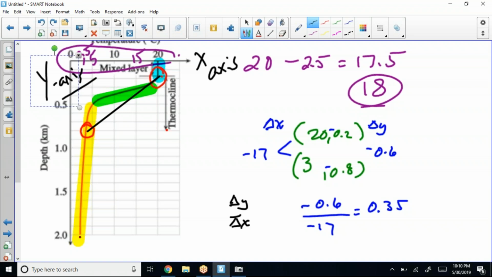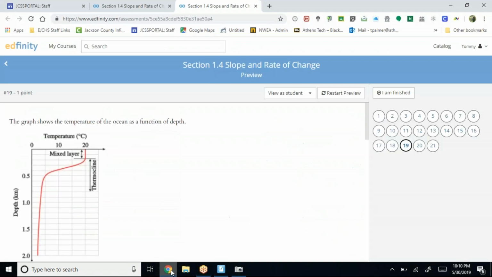That's wrong. Okay? So they've got it flipped around backwards on that. So that should have been 0.35. It should be the change in y over change in x. Okay? So I'm going to scratch that. So that one is going to go away. I'm actually going to report it, but I'll also take it off.